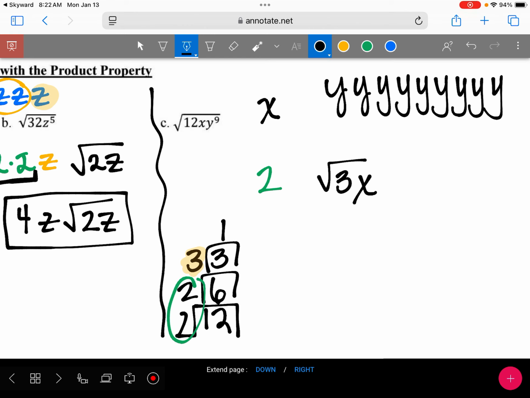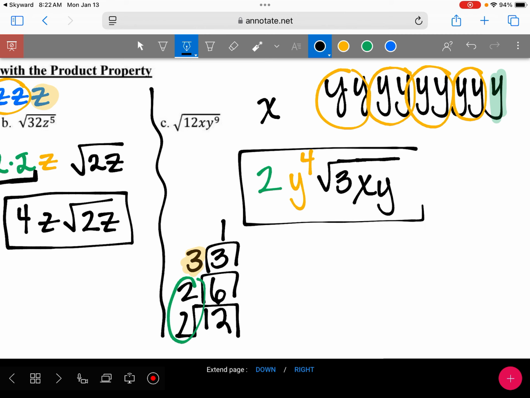Good job. So we had 1, 2, 3, 4. So that would be y to the 4th. And then this 1y did not have a partner. So it has to stay with the 3 and the x. Let me make that bigger. And that would be your final answer.